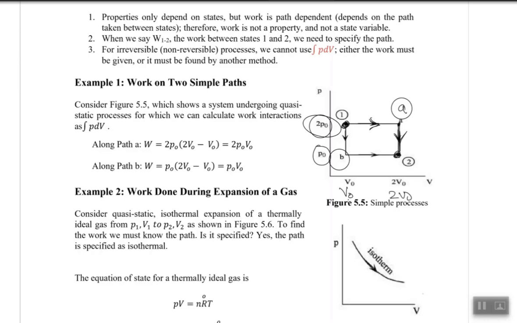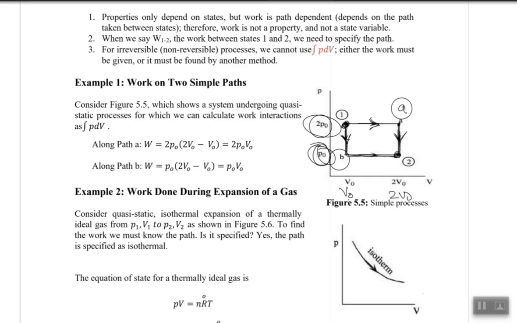In the second path, path B, I'm first dropping my pressure from 2P0 to P0 while keeping the volume constant, which is volume V0. In the second phase, I'm keeping my pressure P0 constant while changing the volume from V0 to 2V0.